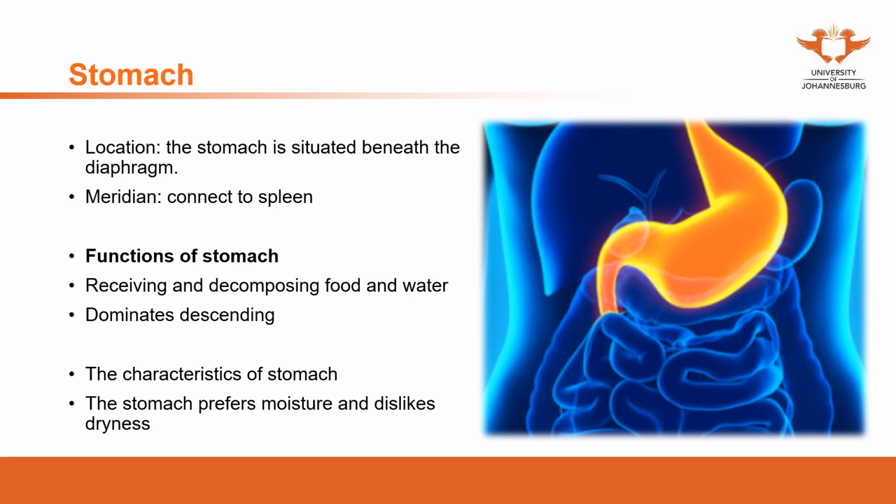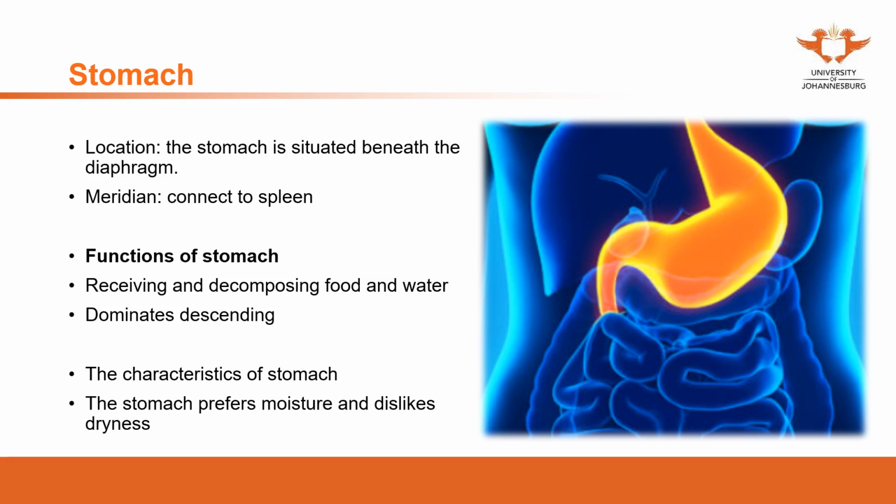That's from the function of descending. And because the stomach transforms food into qi and blood, we also call the stomach the sea of grains, water, qi, and blood.